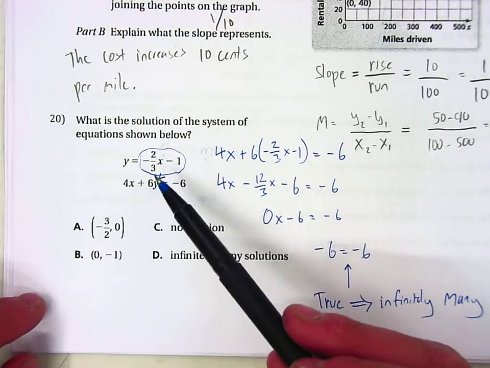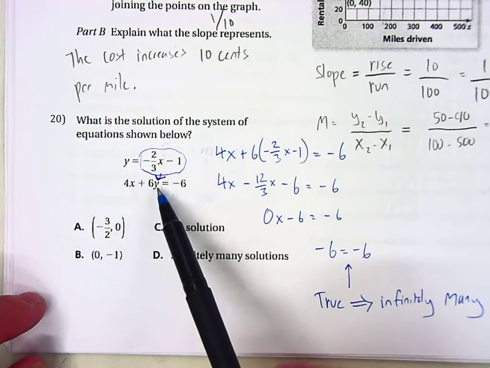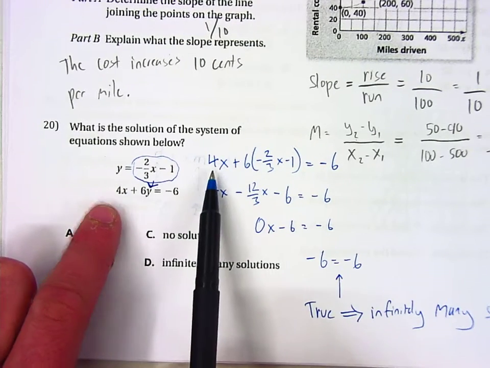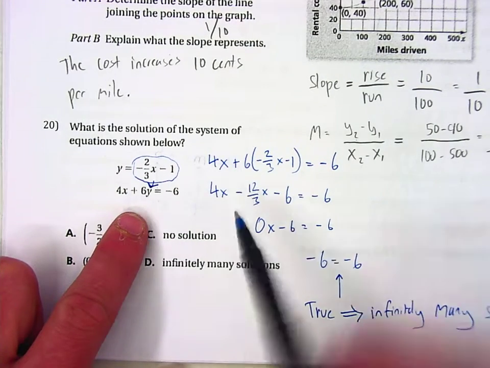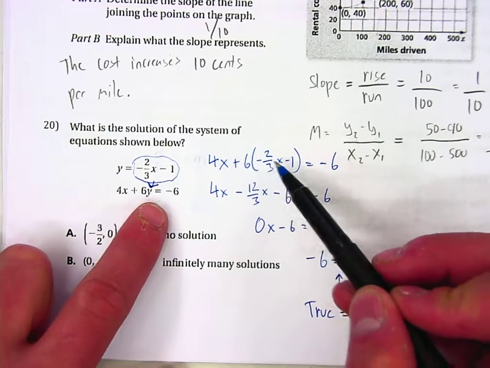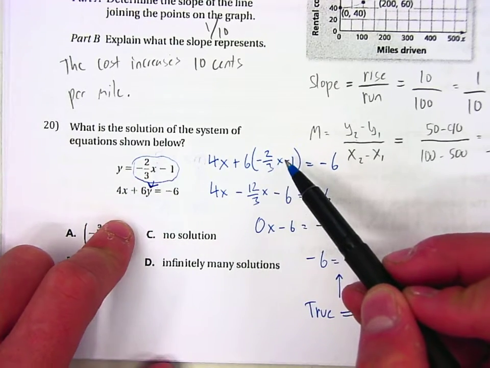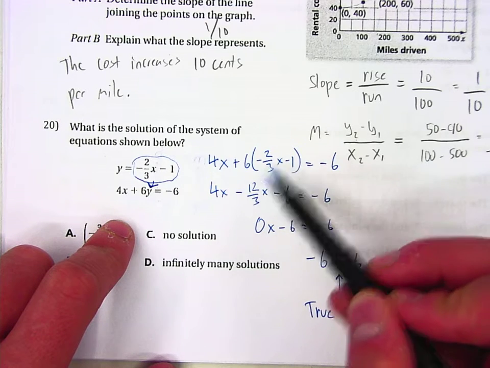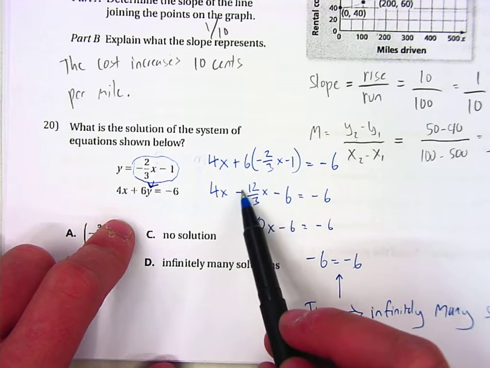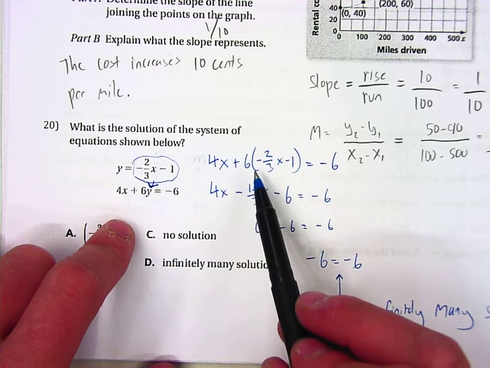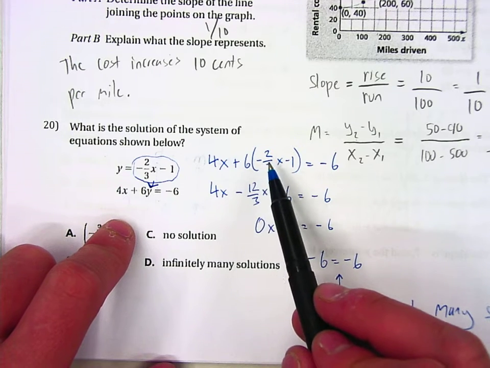I took this expression for y, substituted it into this equation, which I've done right here, so that becomes 4x plus 6y, but for y, instead of using this y, I'm using this expression for y. Okay, distribute, and it turns out negative 12 thirds x, because 6 times negative 2 is negative 12.